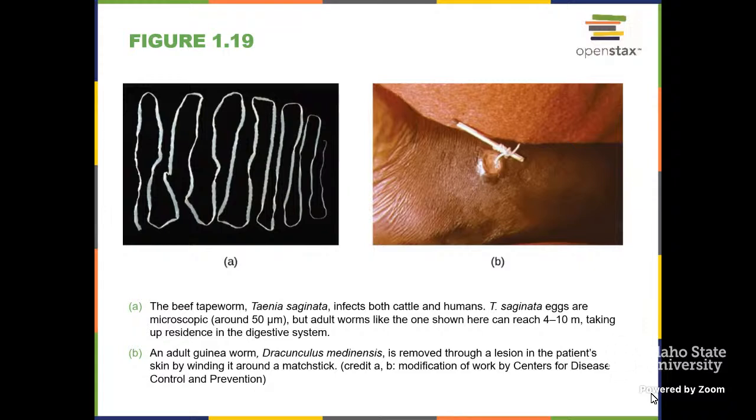If you ingested one egg, or if you ingested poorly cooked meat, because with the tapeworms, typically it's not the eggs that we eat, it's the juvenile stage that's encysted in the muscles of some animal, like a cow, if we're talking the beef tapeworm. So you eat a steak that's not cooked thoroughly, and you potentially become infected, right? And with that, it grows up to the adult stage in your intestines. And if all you consumed was one cyst, all you get is one worm. And that's all you need, right?